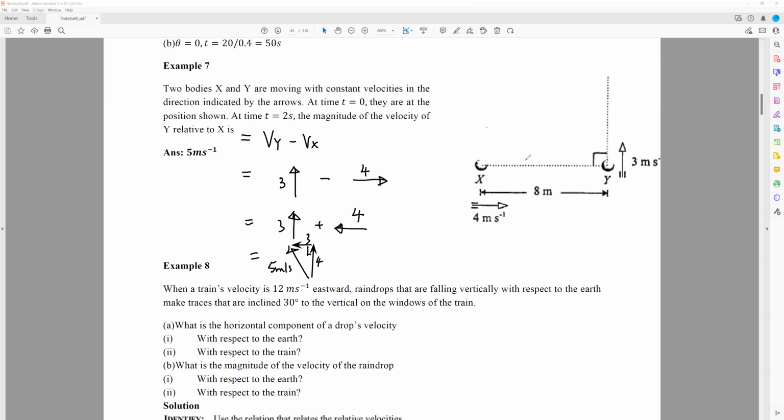And let's talk a bit more about the meaning of this velocity. If you are talking about relative to x, that means you are looking at the motion from the view of x. Relative to x, it means that you consider x to be at rest.